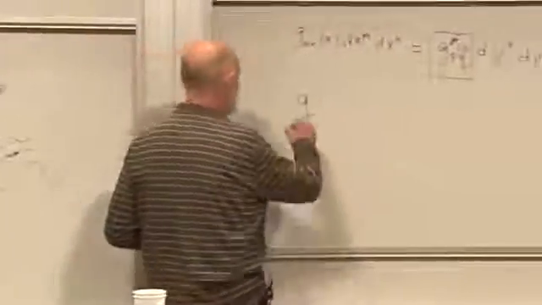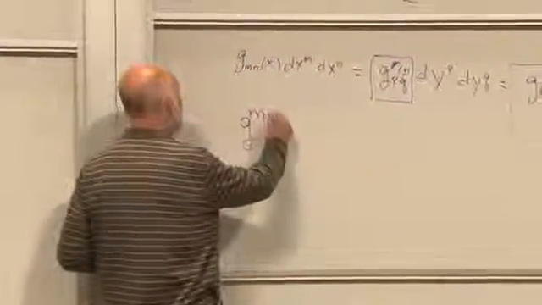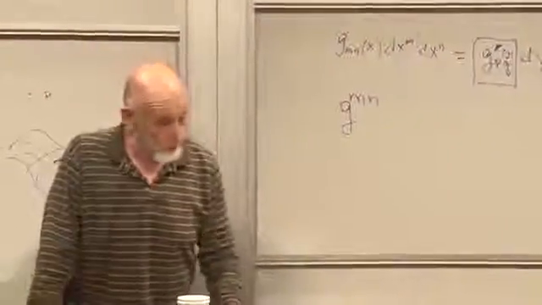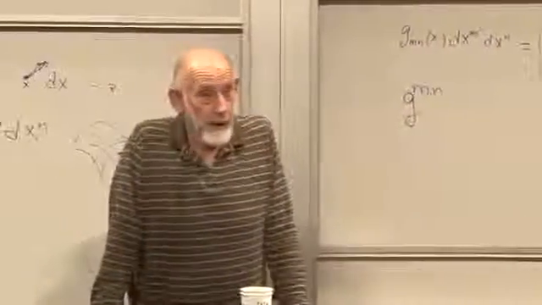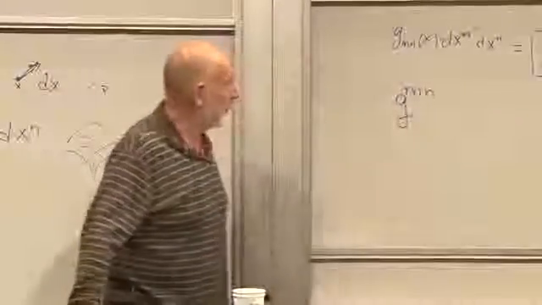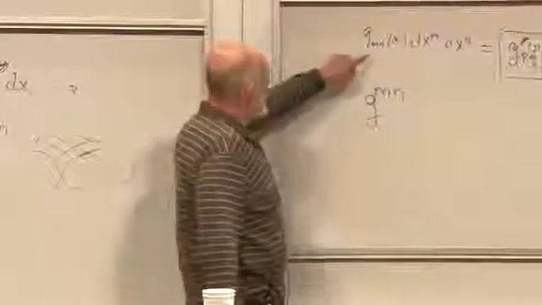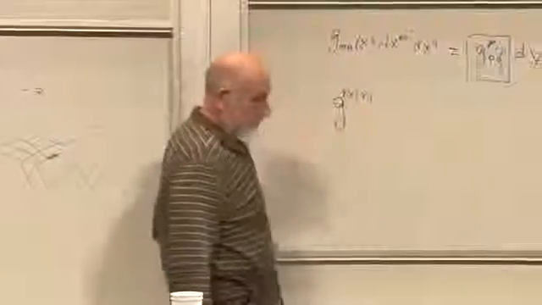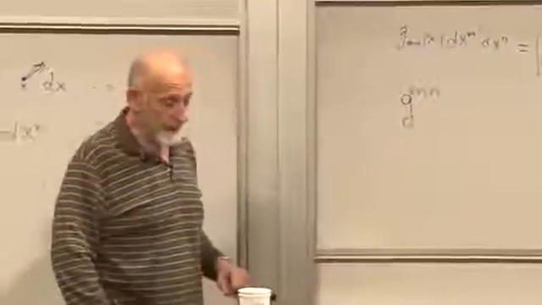G, M, N upstairs. GMN with indices upstairs is also a tensor, and it's defined by the defining property that as a matrix, it's the inverse of the matrix with two lower components.